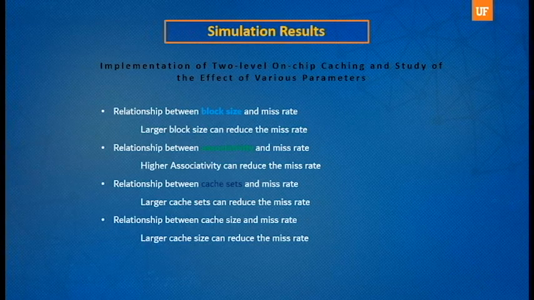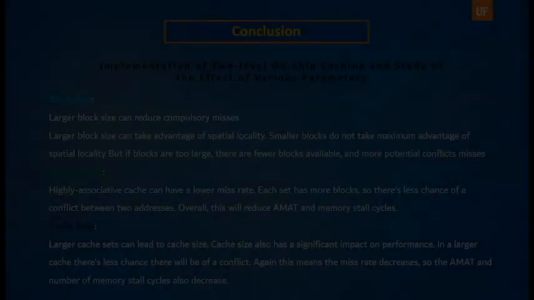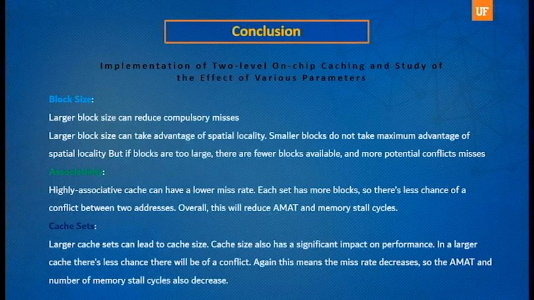From the simulation results, we can know that larger block size can reduce the miss rate, higher associativity can reduce the miss rate, and larger cache size can reduce the miss rate. The reason why larger block size can reduce compulsory misses is that the larger block size can take maximum advantage of spatial locality.